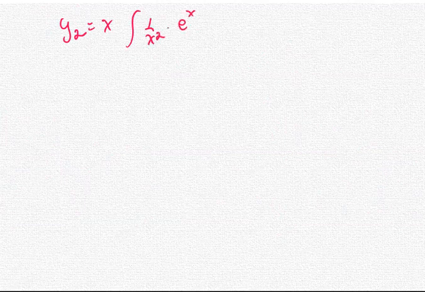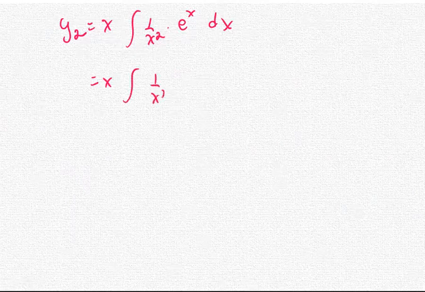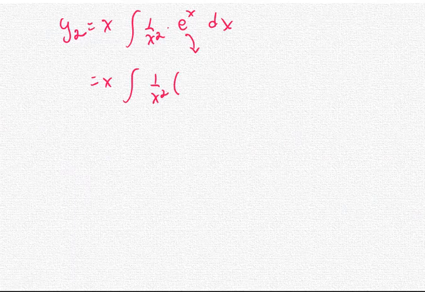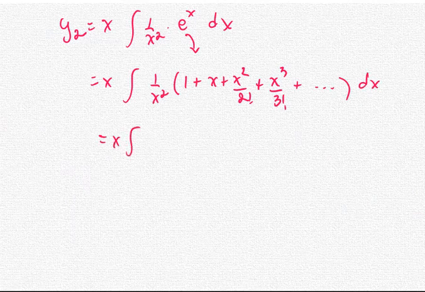Let me write it as y_2 equals x times the integral of 1 over x squared multiplied by e to the power x with respect to x. And this time we're going to use the Taylor series expansion of e to the power x as 1 plus x plus x squared over 2 factorial plus x to the third over 3 factorial, plus and so forth, and then take the antiderivative term by term.